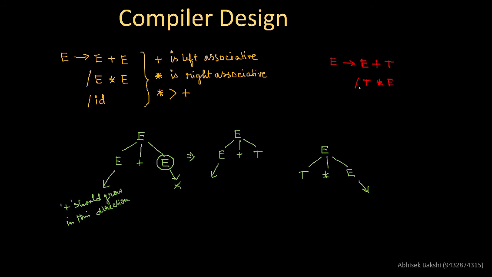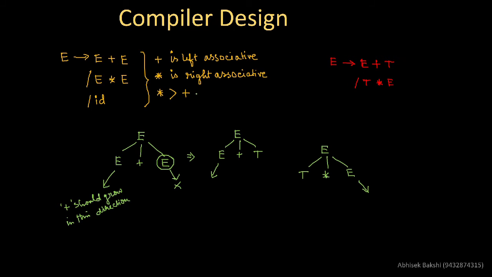That is correct, but this will create a new problem. This particular production rule, if we write it this way, basically solves the problem of ambiguity because of associativity. It can solve that, but it is not solving the problem of precedence.